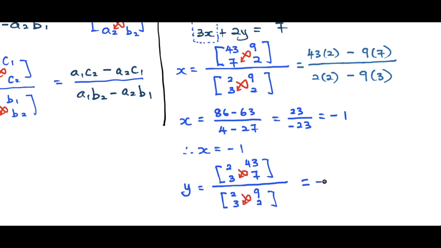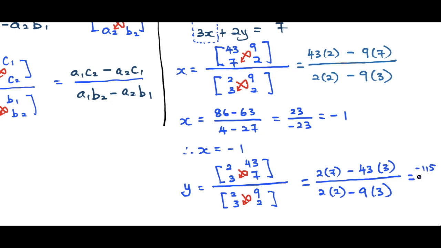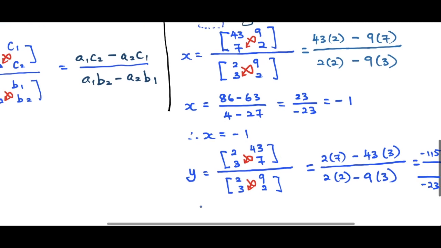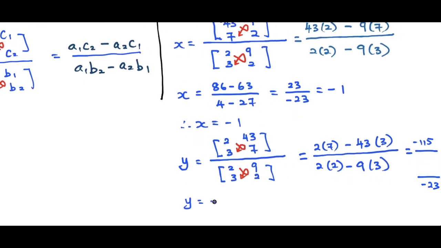Always remember to write the denominator, because quite often you forget to divide by it. So the answer should be negative 115 divided by negative 23. My y value should be 5.